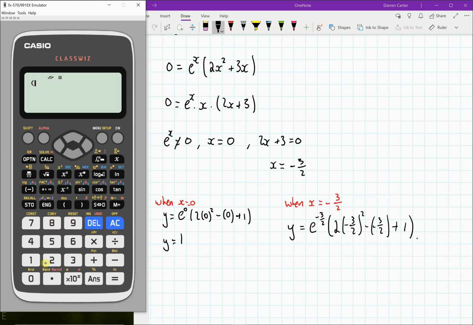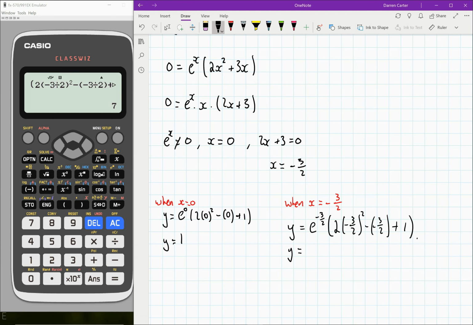So I've got 2 lots of minus 3 divided by 2 squared, minus 3 divided by 2, plus 1, which gives me 7. So y equals 7 e to the minus 3 over 2.